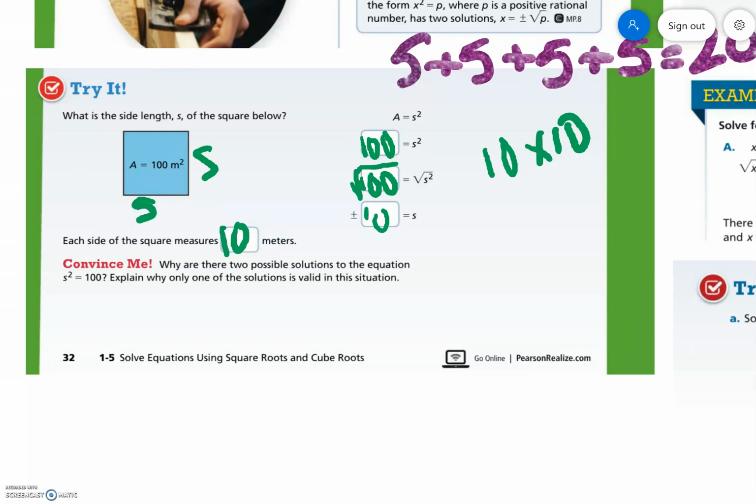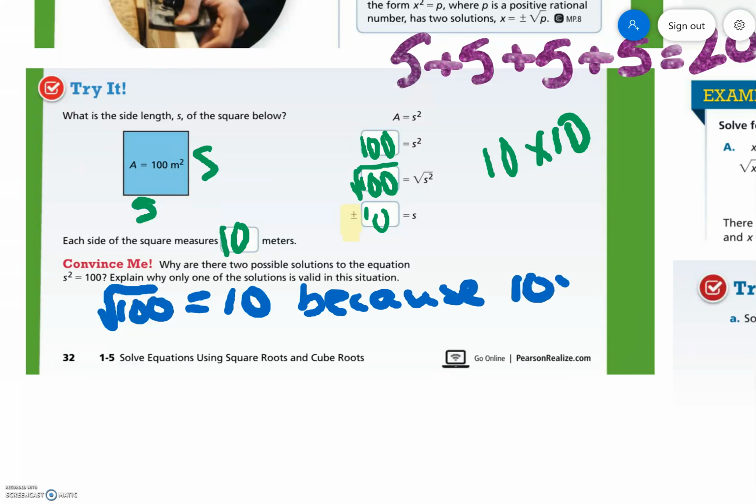Why are there two possible solutions to the equation s squared equals 100? Explain why only one of these solutions is valid in this situation. So they're talking about why is there this plus or minus here? The square root of 100 could equal positive 10 because 10 times 10 equals 100. But there's another option.